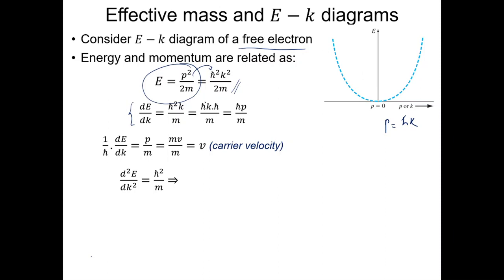This will become 2 h bar square k by 2m. The 2 cancels out, so it becomes h bar square k by m. You can rearrange it, and dE by dk becomes h bar p divided by m.